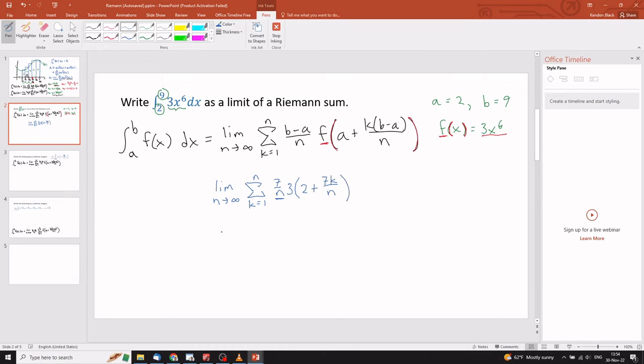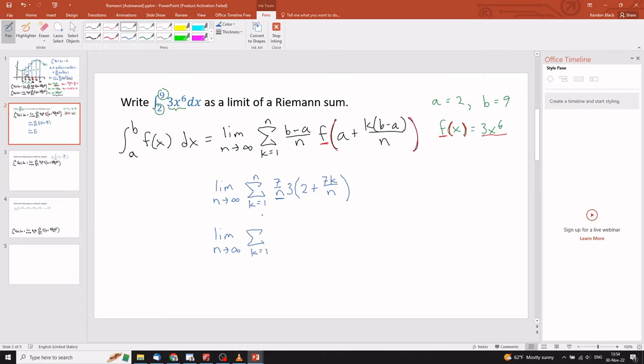Okay, and now finally we can clean it up a little bit. Limit as n goes to infinity. If we multiply this 3 times 7, we get 21 over n, and we could leave that on the inside, or we could pull it outside the summation. It really doesn't matter in this case. Let's go ahead and leave it on the inside.